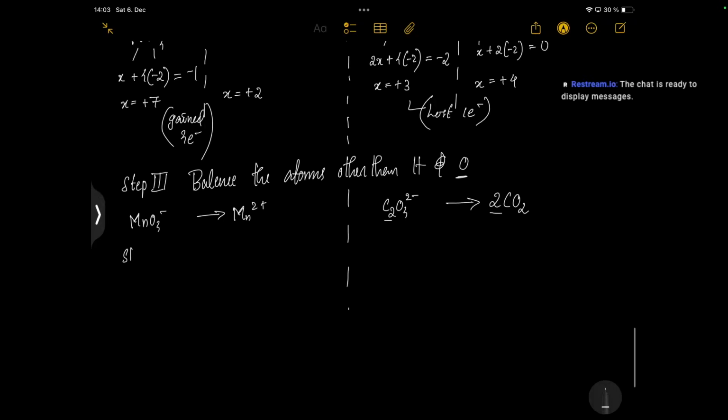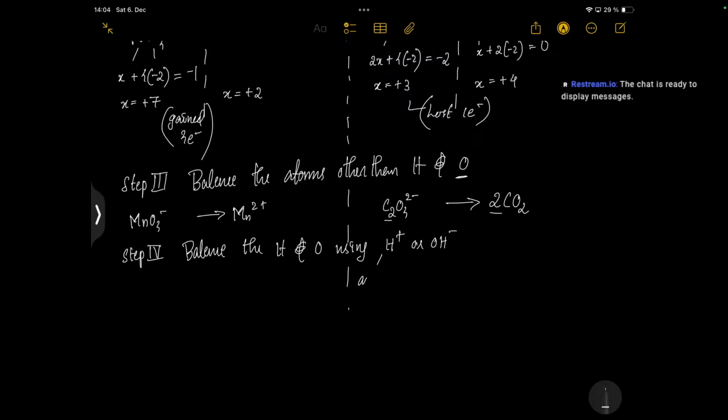Step 4 would be to balance the H and O using H plus or OH minus.